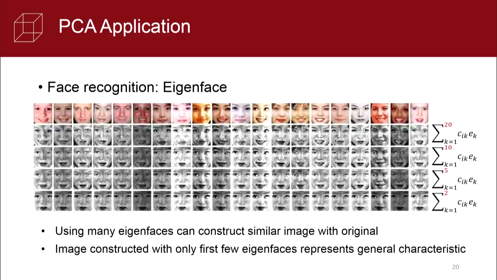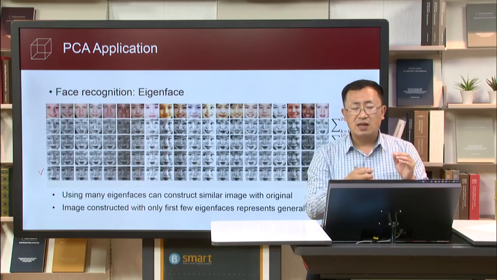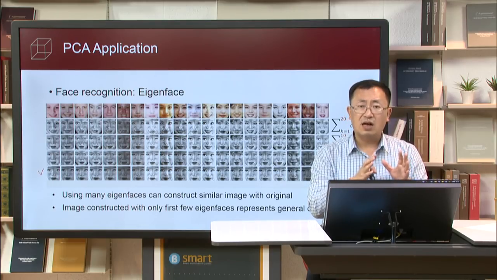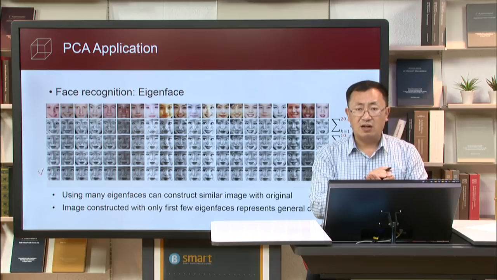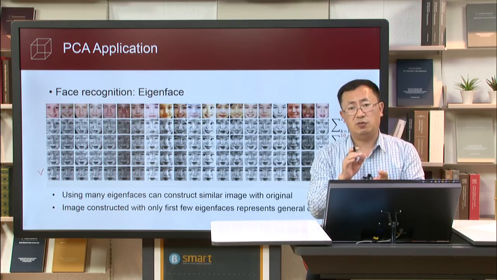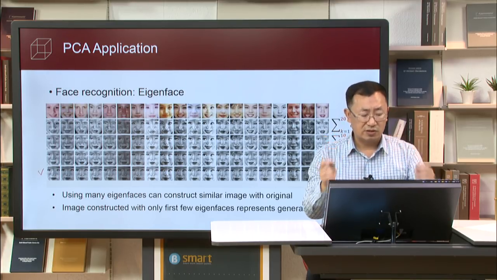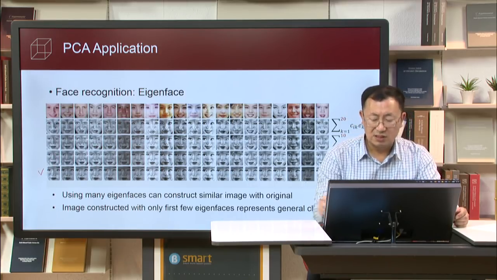Right, so let's take a look at this slide. For example, the last row represents the image using the first two principal components, or first two eigenfaces. Those look similar, right? Because, as already mentioned, those with high eigenvalues have the general characteristics of the image, so everybody looks similar.